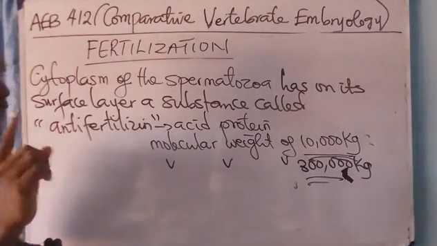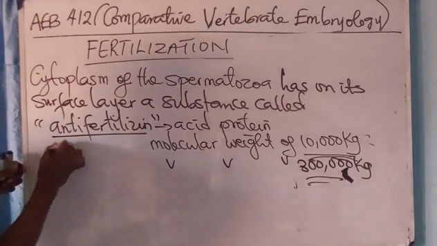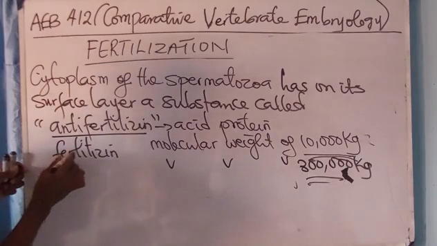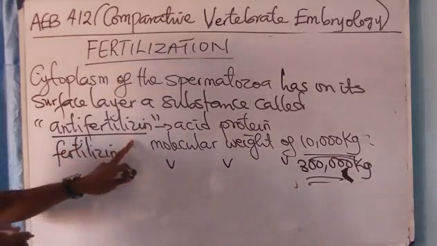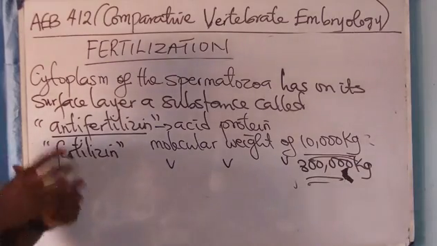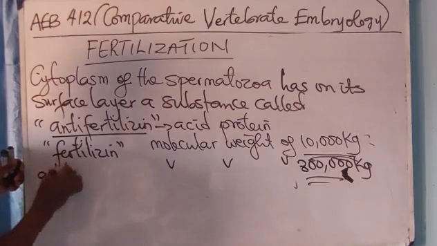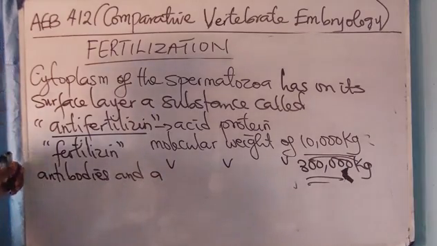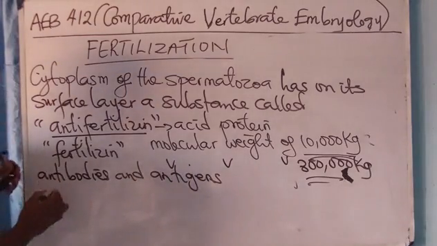Before I go into that, please, the anti-fertilizin and the fertilizin exhibit a type of reaction, like the reaction between antibodies and antigens. So they call this reaction a type of what?